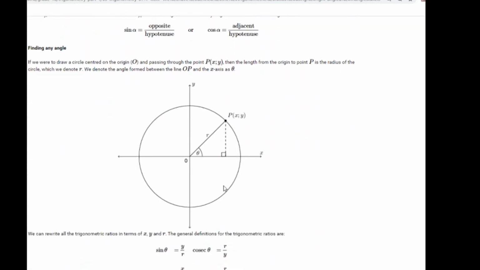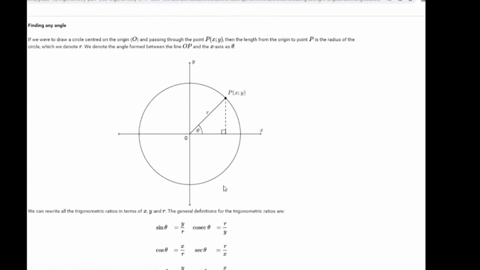Okay, yeah, that is how it is. Okay, let us move on. Finding any angle. If we were to draw a circle centered on the origin and passing through the point P, then the length from the origin to point P is the radius of the circle, which we denote by r.